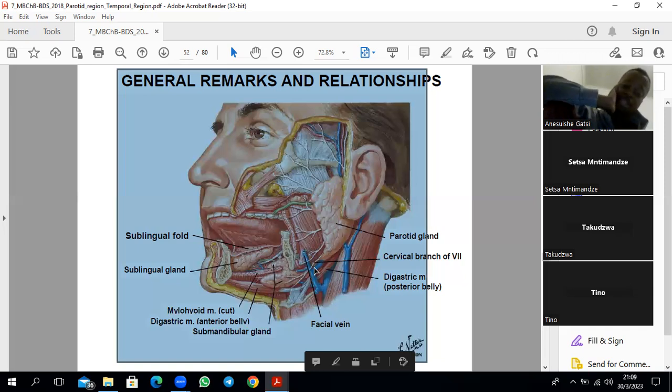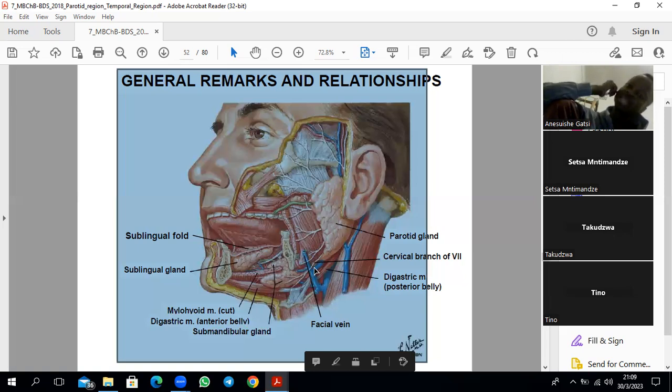Right. So to build your story, facial nerve, when you do your neuro, exits the brainstem at the pontomedullary junction, finds its way through the cerebellopontine angle, then travels with the vestibulocochlear nerve in your internal acoustic meatus.